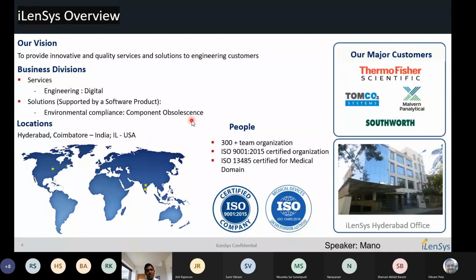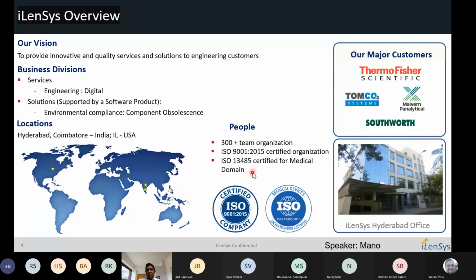As a company, we are headquartered in Hyderabad in India. We also have an office in Coimbatore, which is in the southern part of India, and a sales and marketing office in Illinois in the USA. In terms of people, we are a 300-plus engineers company, and we are ISO 9001:2015 certified, and also ISO 13485 certified, which is specifically for the medical domain.